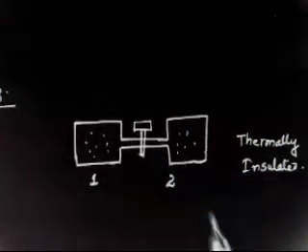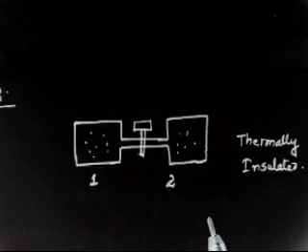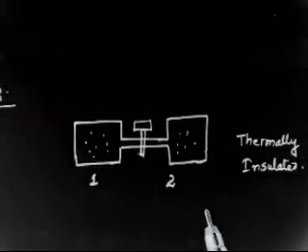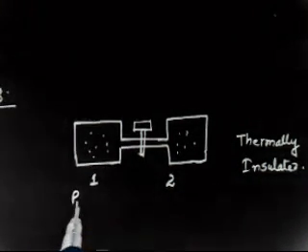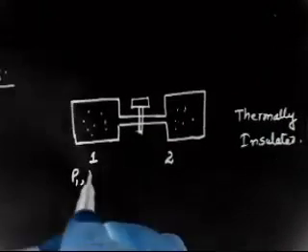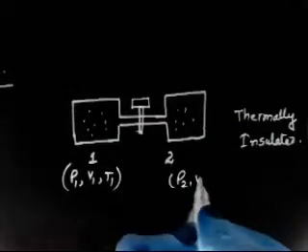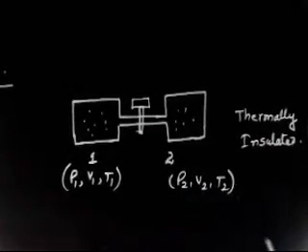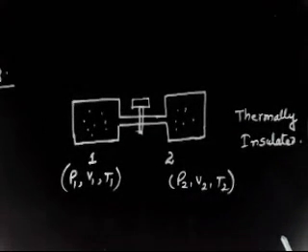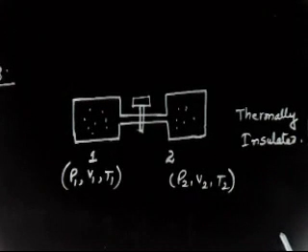Now the question says the volumes of the vessels, pressure and temperature in them are P1, V1, T1 and P2, V2, T2. So this side we have pressure P1, volume V1 and temperature T1. This side pressure is P2, volume is V2 and temperature is T2. Find the air temperature and the pressure established after the valve is opened.